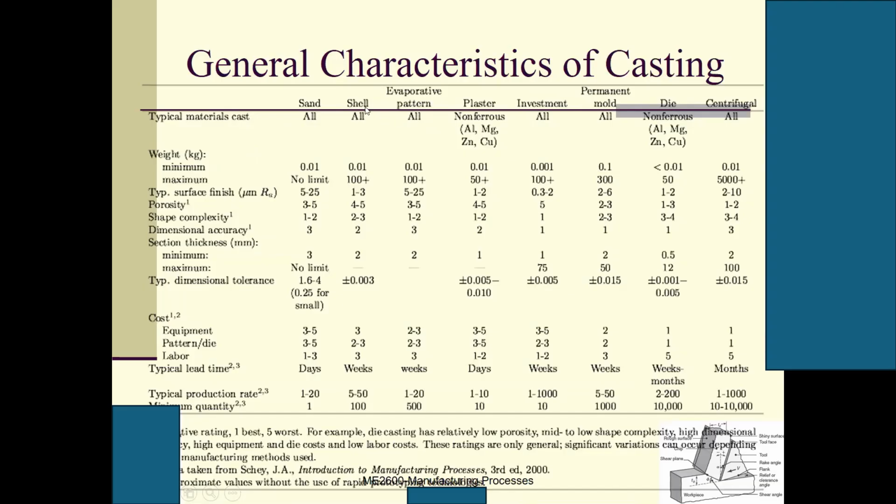We have these casting processes there, with weight, shape, shape complexity, and dimensional accuracy. All these things you can just take a look at. So you have different casting techniques. This is too many details; I cannot test your understanding of this. You also know that all the quizzes and all the exams are take home, right?